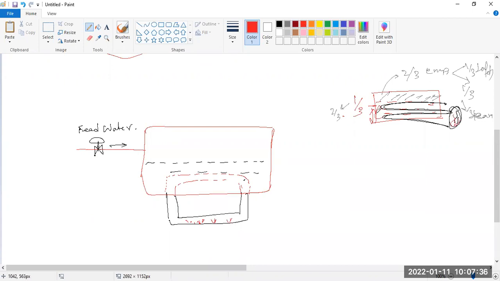And on another part there is the induced fan, called the ID fan or induced fan, and here is another fan, called the draught fan.